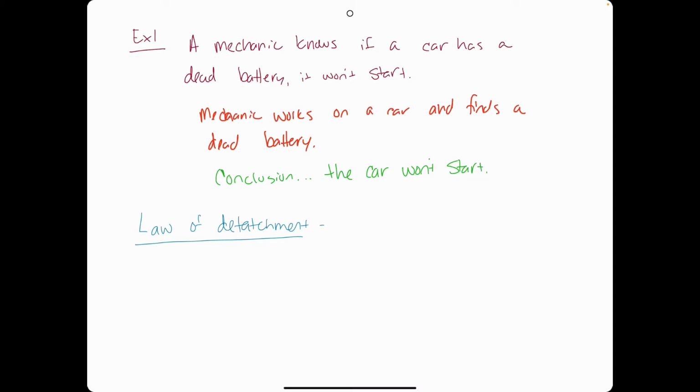It's saying if a conditional is true, so the if-then statement, that's the conditional, is true, and its hypothesis, the if part, is true, then the conclusion is also true.